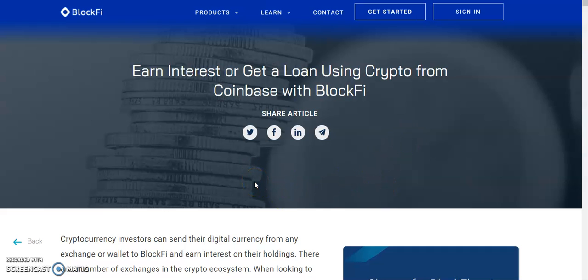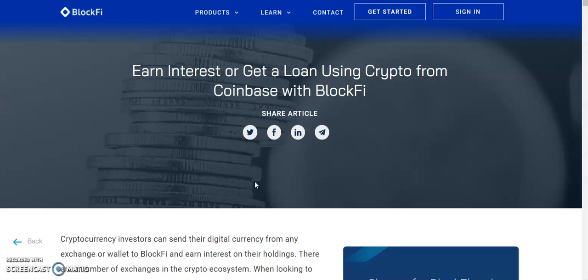But just to reiterate, I am purchasing Ethereum, and my next goal is to have the 32 for staking, and this is the best way to do it. That's what I went and studied. There are some great companies out there, Celsius being one, Crypto.com being another, that do offer the same things BlockFi offers and more.